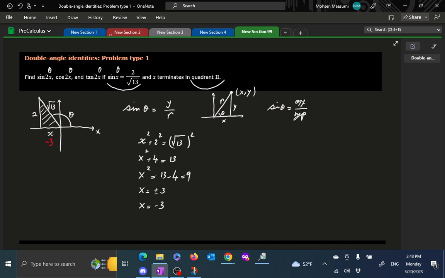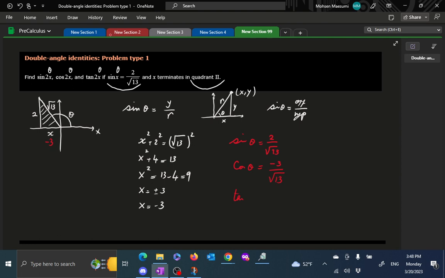So what now? By now we have sine of theta is 2 over radical 13. That was given. Cosine of theta, if I need it, let's just make a record of it. Cosine is x over r. The fact that this is minus now is going to be making all the difference: minus 3 over radical 13.